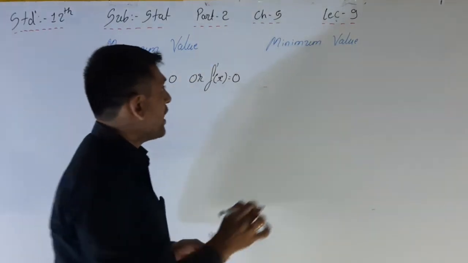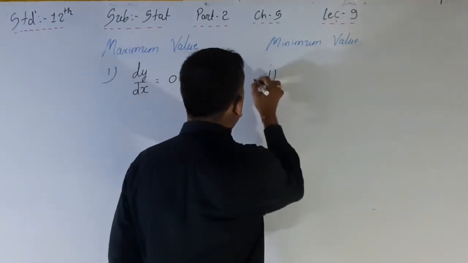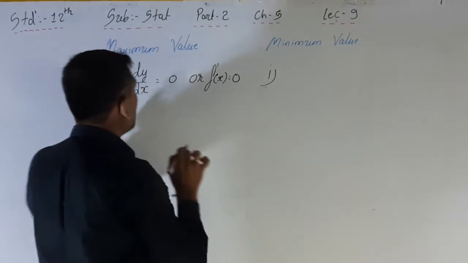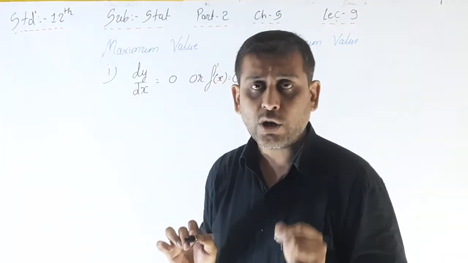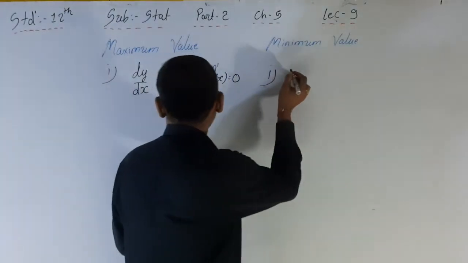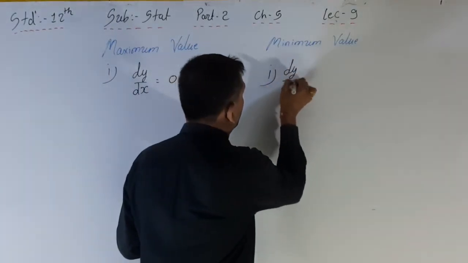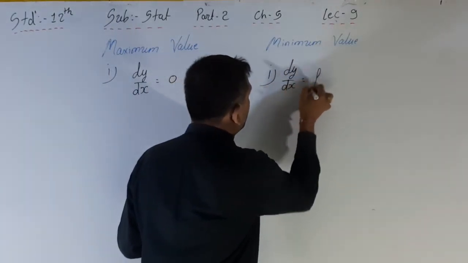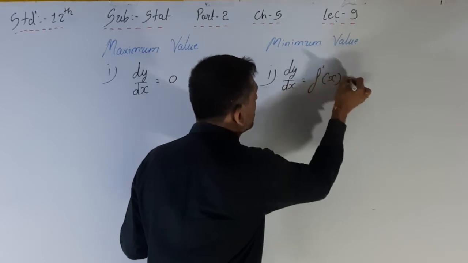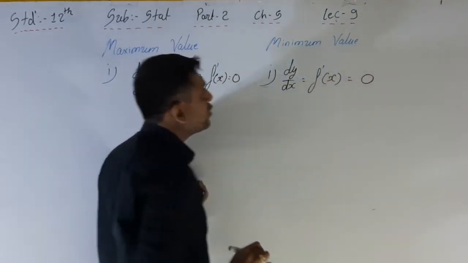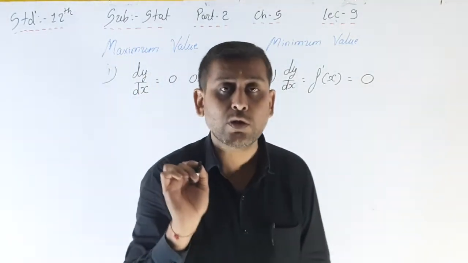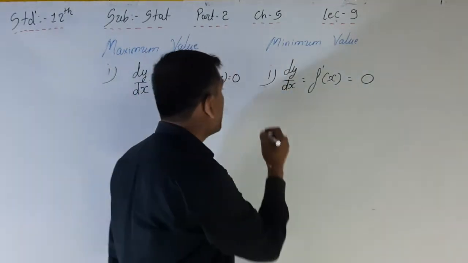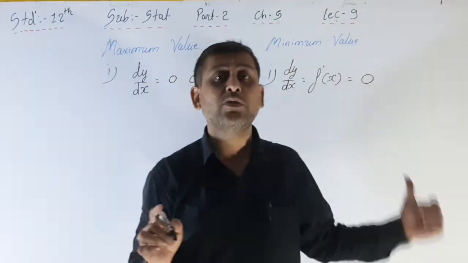For both maximum and minimum values, the first condition is dy by dx, or f dash x, equal to 0. You have to put it equal to 0 and then find the value of x from this.